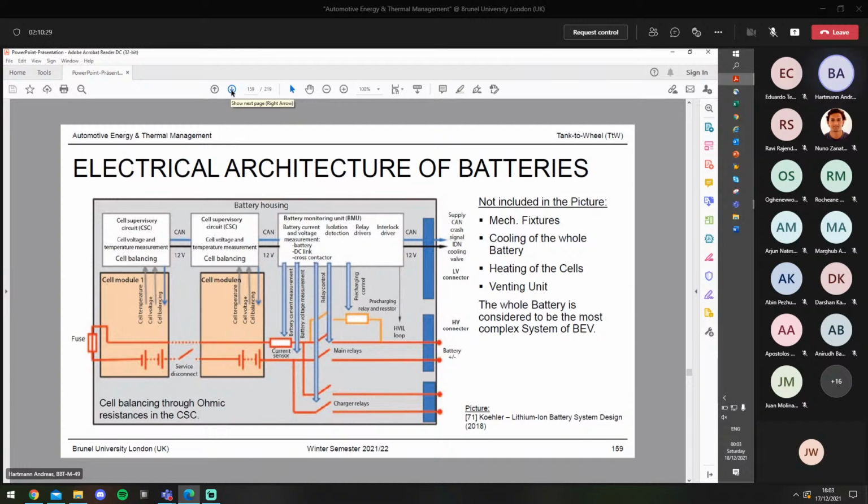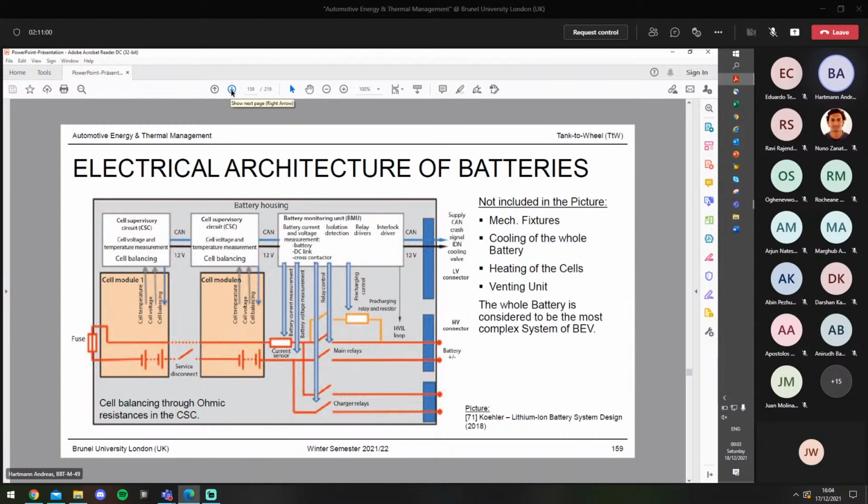What else is missing? Temperature sensors for the temperature of the battery. Exactly, yeah. So thank you very much.